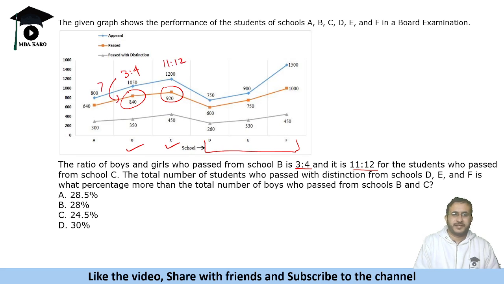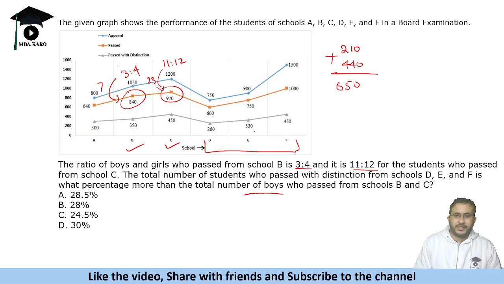7 parts is 840. So 3 part will be 210. 23 parts is 920. So 40, one part, this is 440. So it is saying that total number of boys. So this will be 650. Okay. And what we need to find, that total number of students who passed with distinction from D, E and F. Passed with distinction is this.